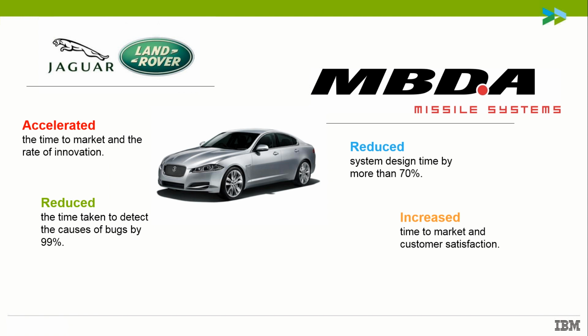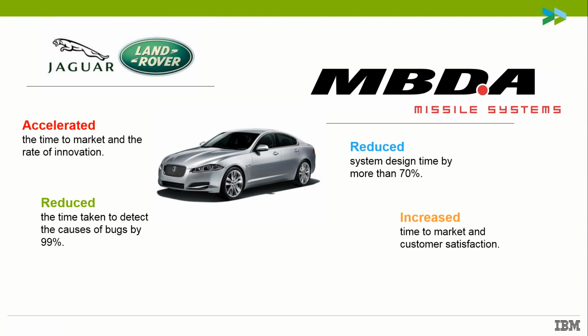Through implementing the various Rational tools, including DOORS Next Generation, they've managed to reduce the time taken to detect bugs by 99%. Ultimately, they're delivering their projects quicker and easier, and that allows them to have a greater level of innovation within their projects.